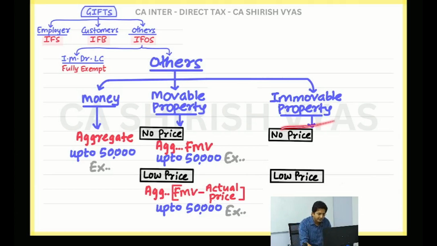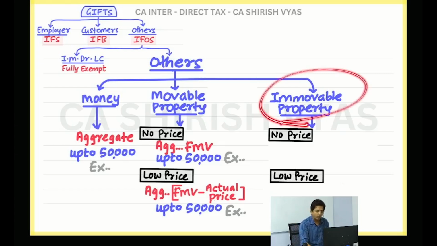Because these are immovable property. Immovable property itself has a huge value, so there is no need of aggregation. In movable property, what do you find? Gold, silver. Silver you can find for 1,000 rupees also. You go to some jeweler, a small silver coin you can get for 1,000 rupees. So these have petty values, so you have to aggregate.